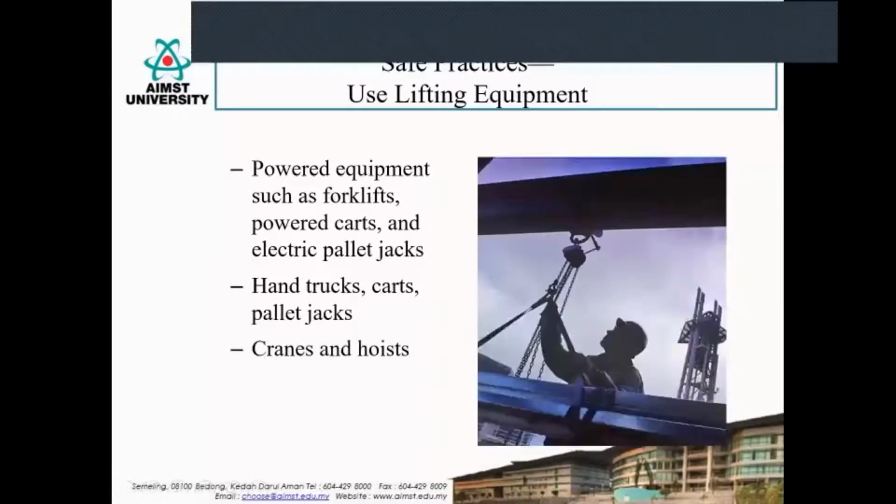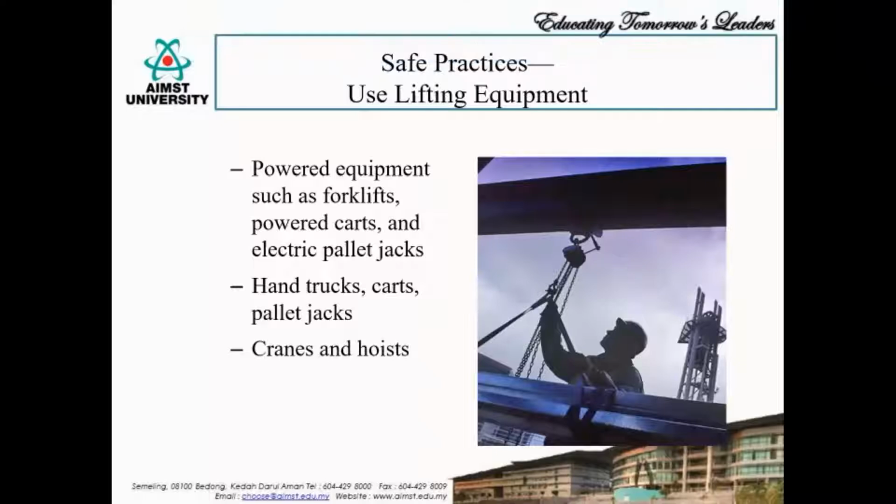This is a bigger one, which will be helping you to lift bigger objects, like unloading and loading ships. There will be big cranes fixed along with the ship, helping them to load the ship with containers and unload the containers.